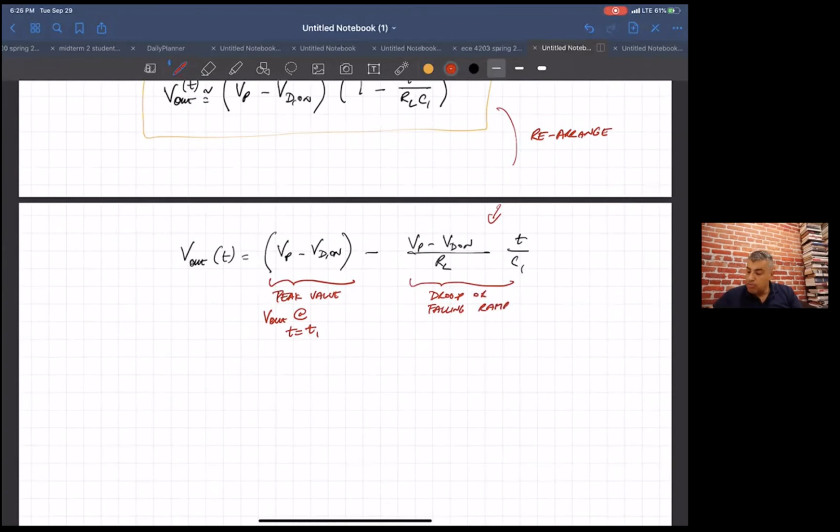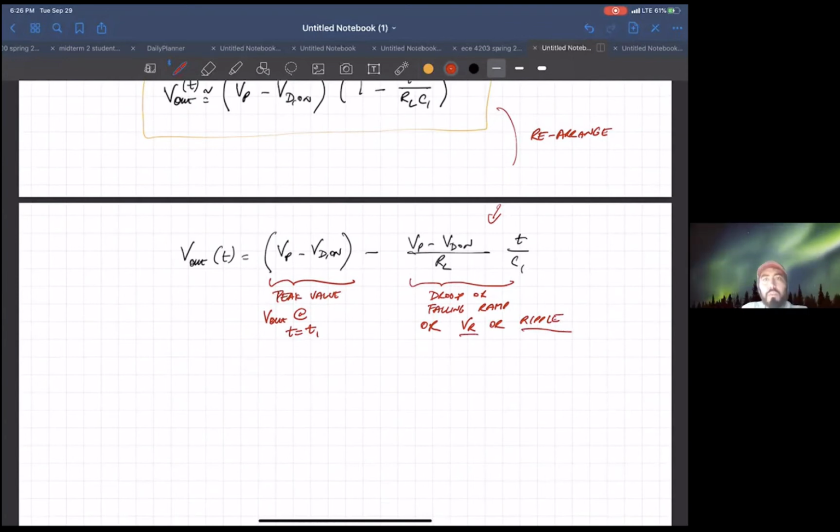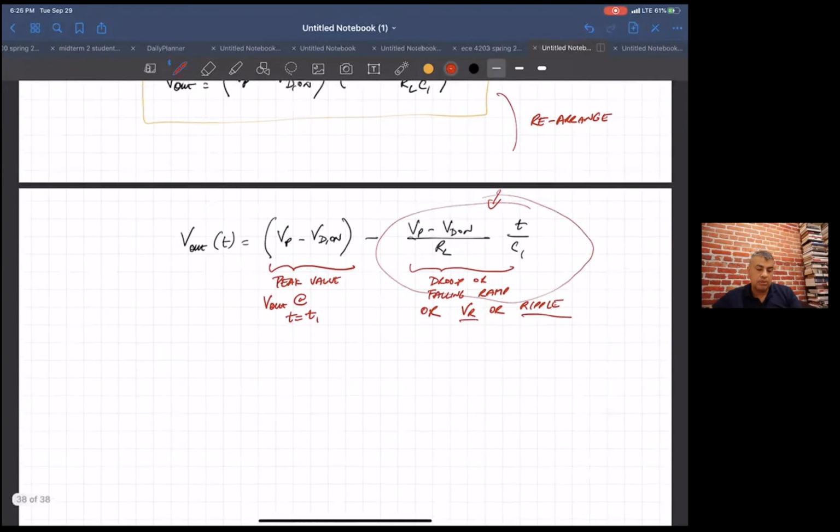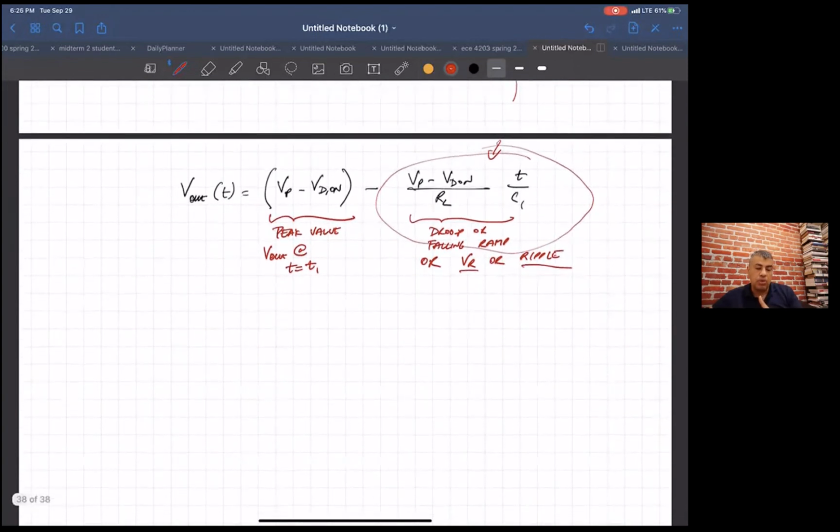Or VR, or ripple, however you want to look at it. At any point, this is how much you've fallen from your peak value. So this is really the ripple we're looking at. That component is what we want to control.